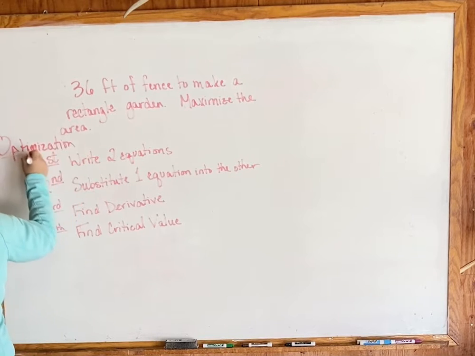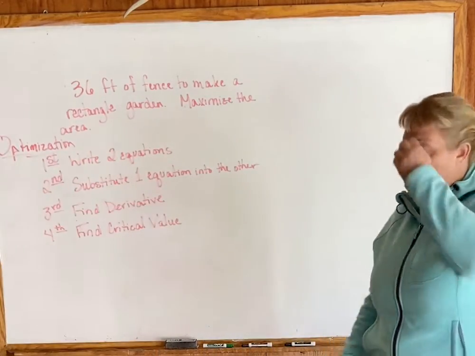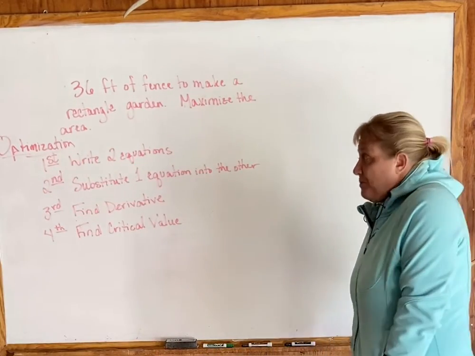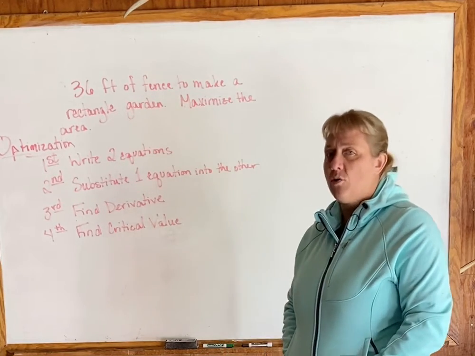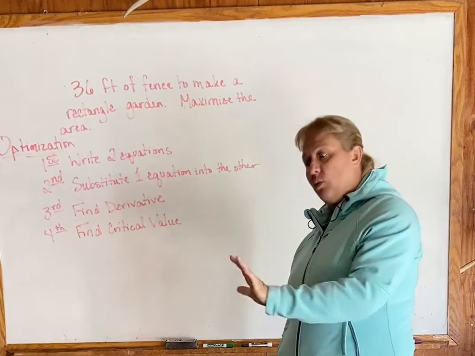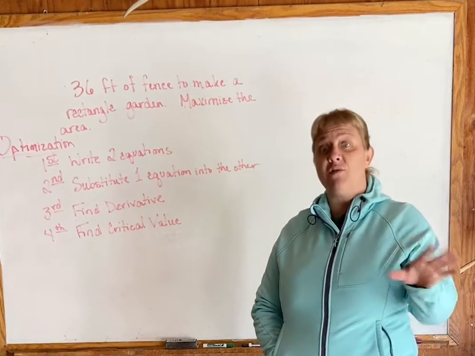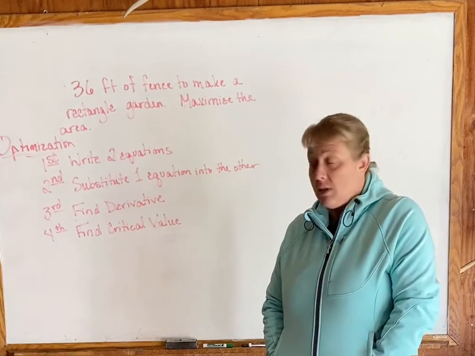And I've written you kind of a little list here. No matter what the optimization problem is, this is kind of your go-to. First thing is that there's almost always going to be two equations. If the two equations are given to you, fantastic. If they're not, like in this case, we have to write them ourselves.